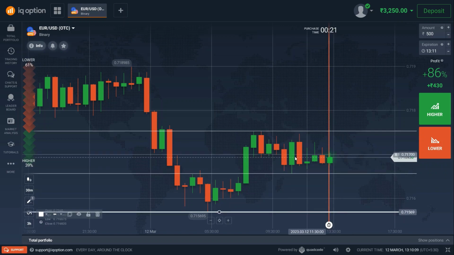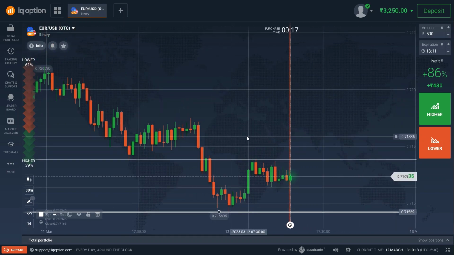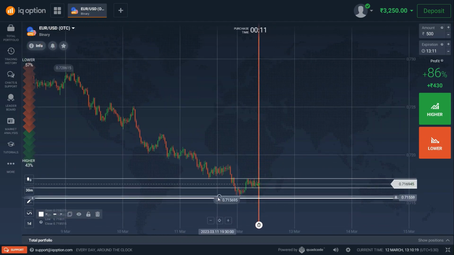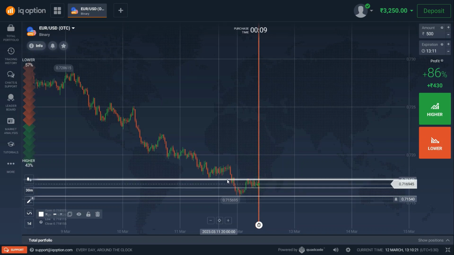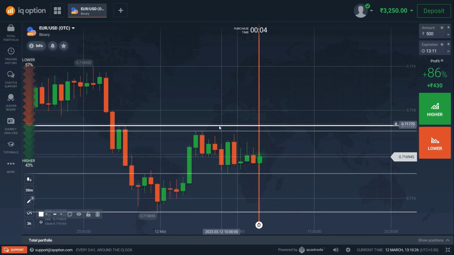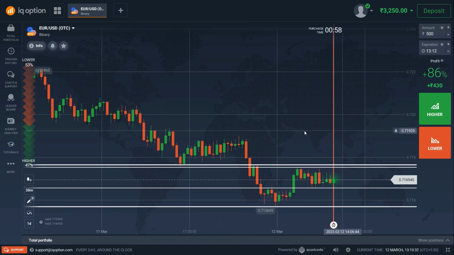If the market breaks down below this area, and on the upper frame I feel this should be a good resistance level. So this can be the resistance level.